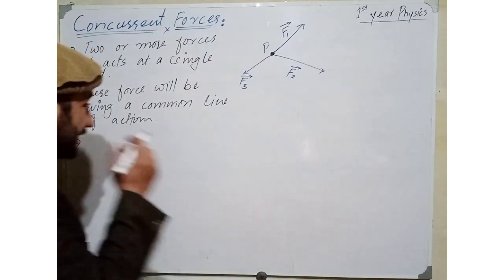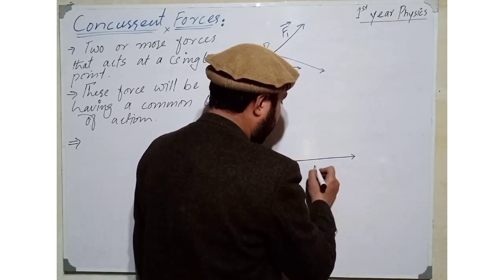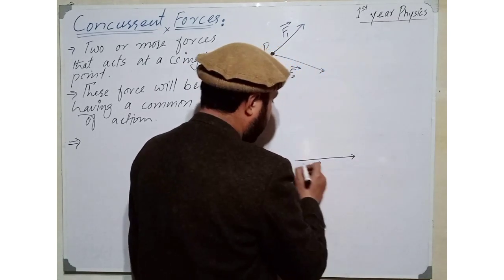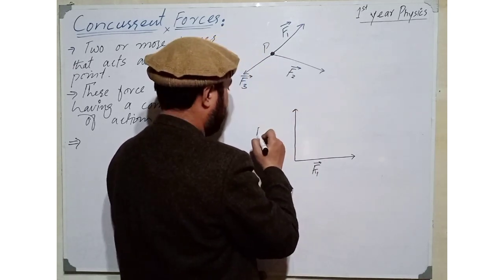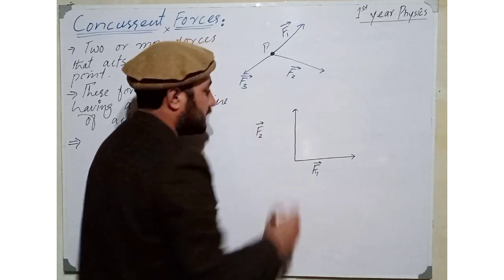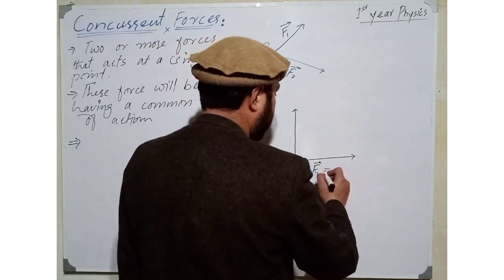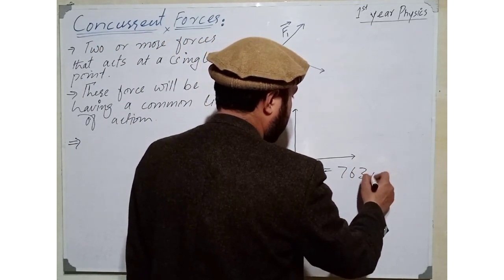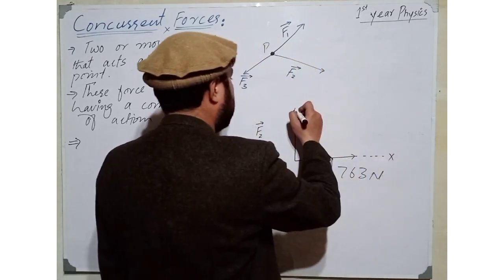So let's say that we have two forces, F1 in that direction, and F2 perpendicular to F1 in this direction. Let's say the magnitude of the first force F1 is 763 Newton, and this is acting along the positive x-axis.